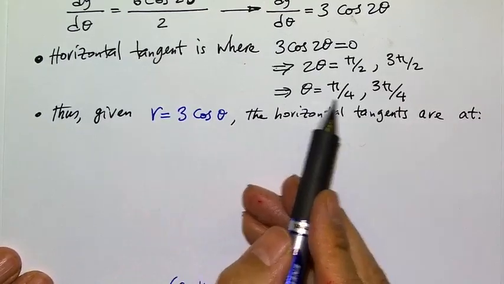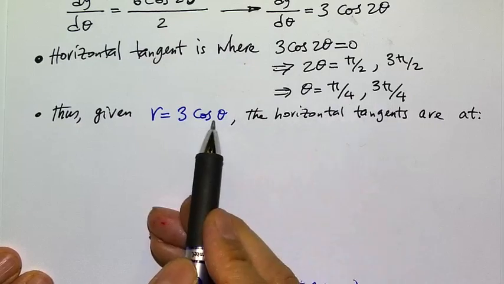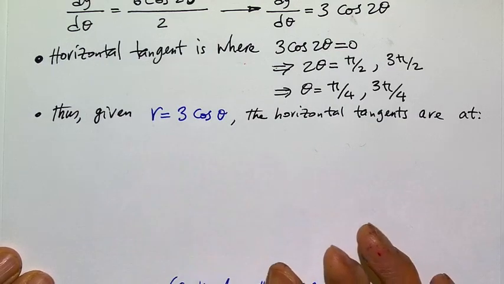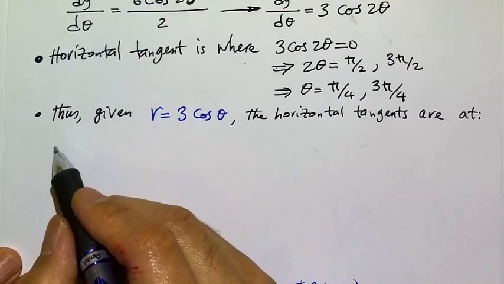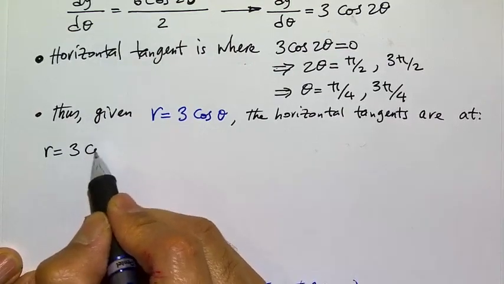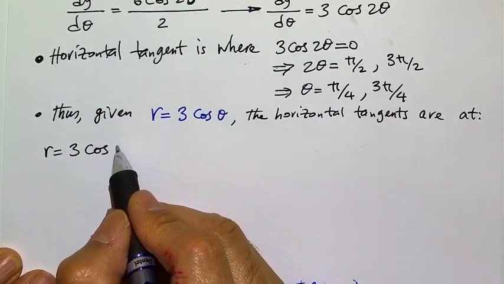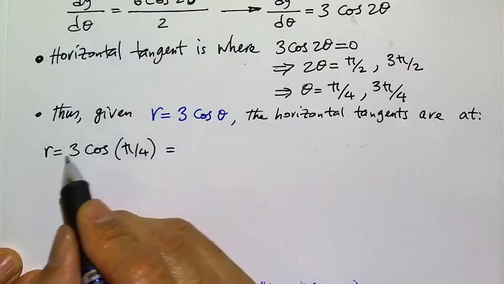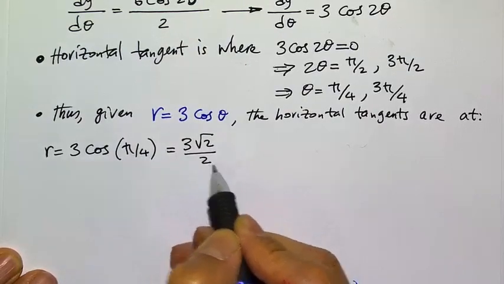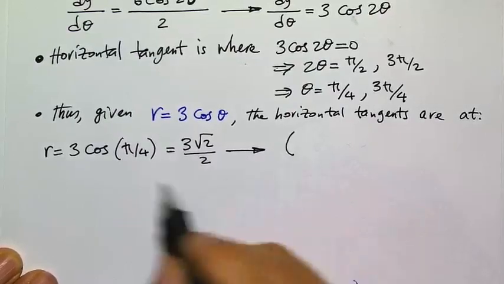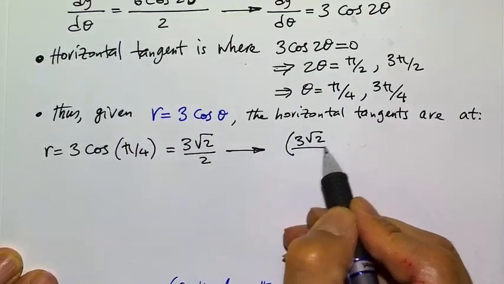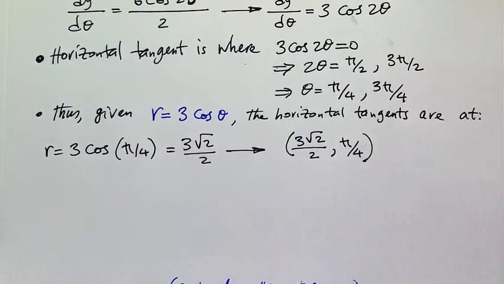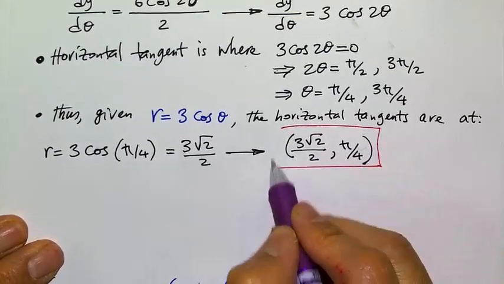Since we know the angles, we're going to plug in and calculate r, which would be the other component of the point, right? R comma theta. So r equals 3 times cosine of pi over 4. Of course, this is square root of 2 over 2, so this would be 3 times square root of 2 over 2. So that means the point is 3 times square root of 2 over 2 comma pi over 4, theta being pi over 4. Okay, so that's one of the points where we have the horizontal tangent.